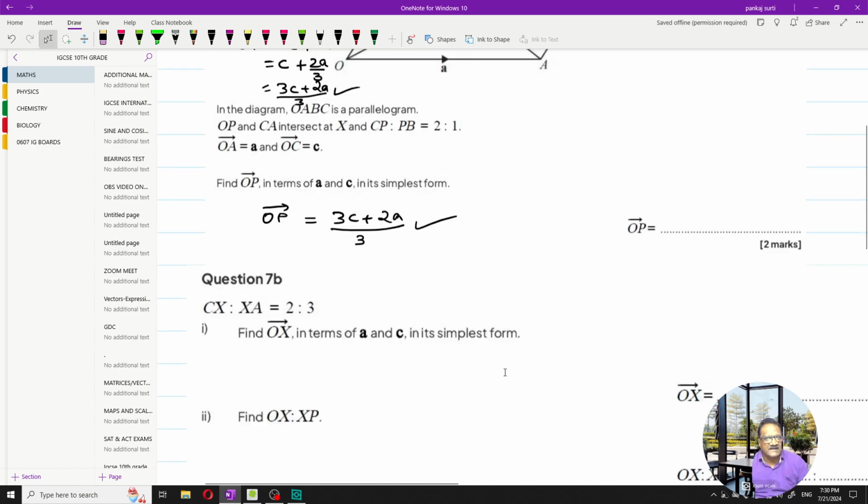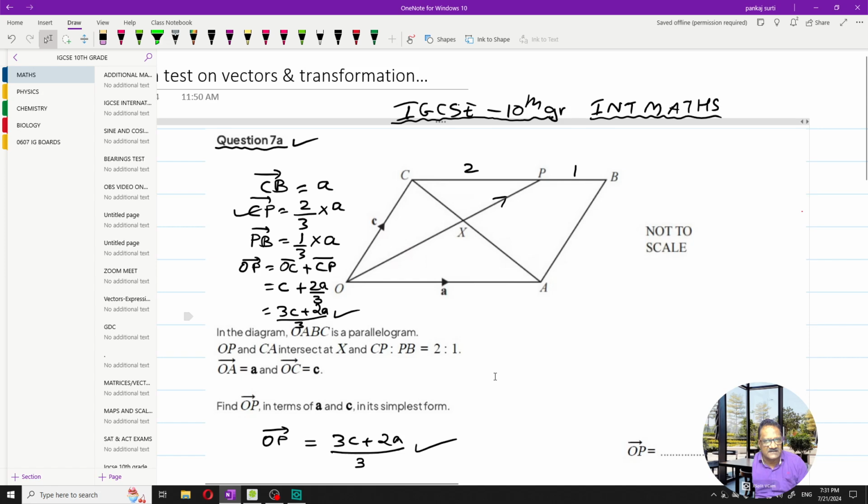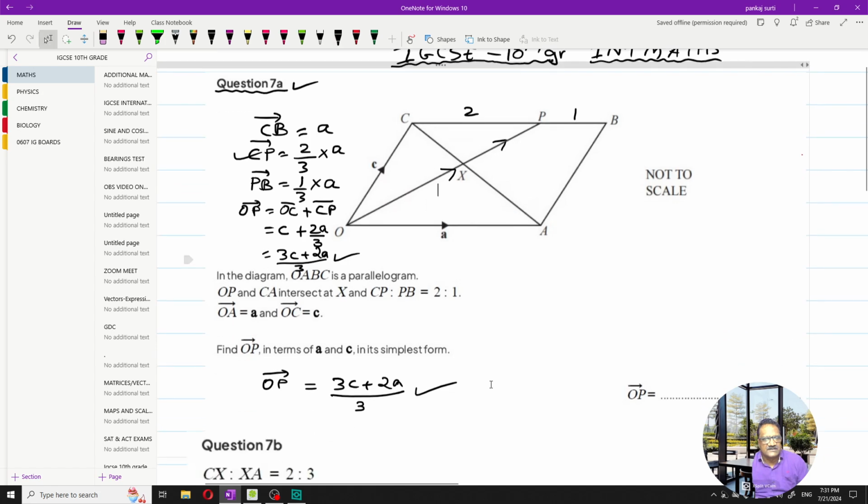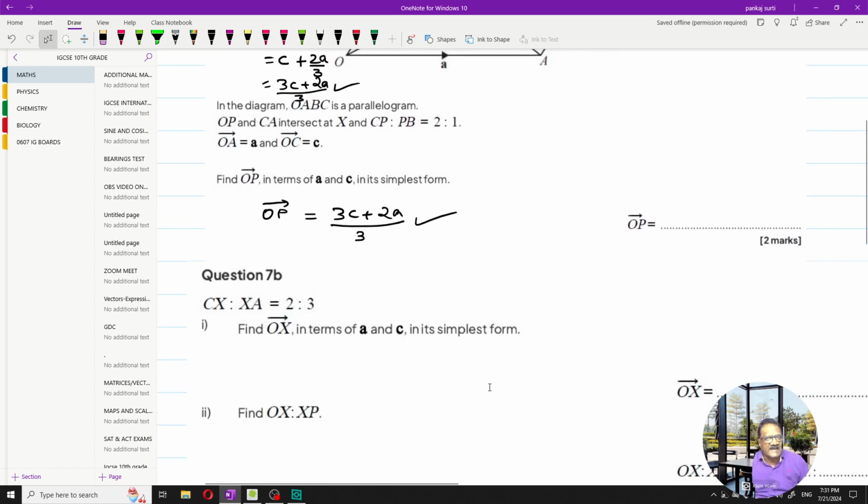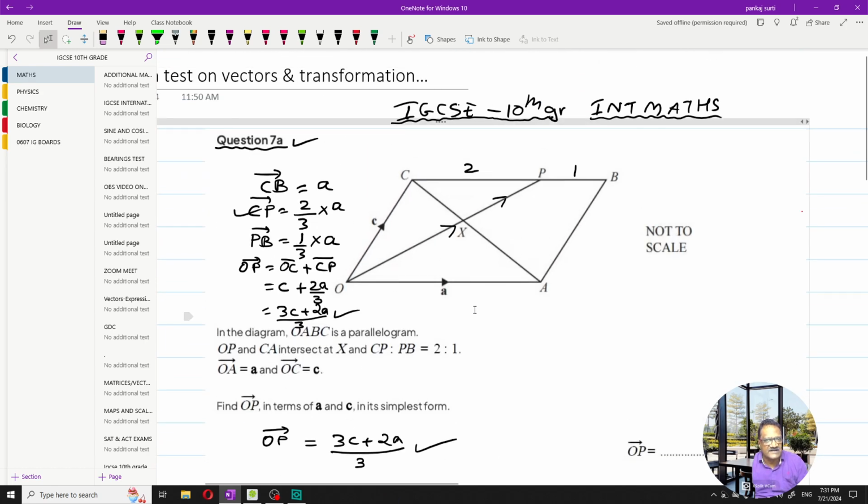So let us go back to the diagram. And where is this OX? Can you see, this is your OX, right? OX you have to find out in terms of A and C. Now to find out OX, I will write on this side.